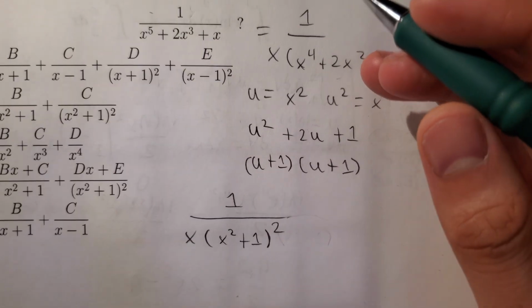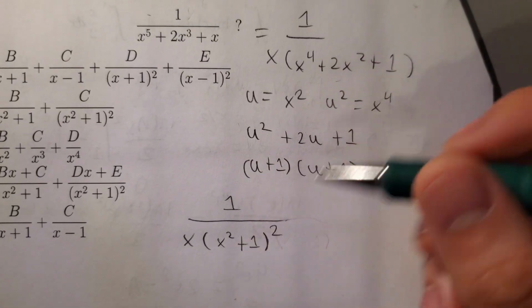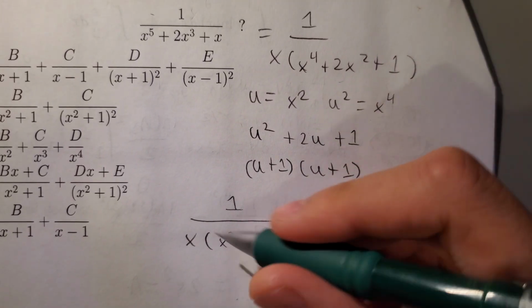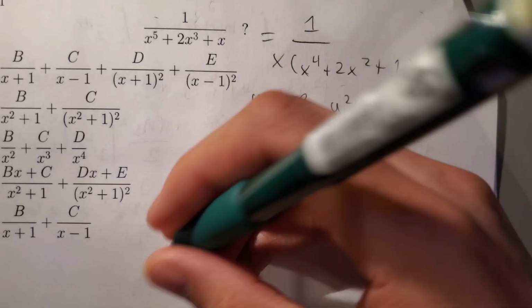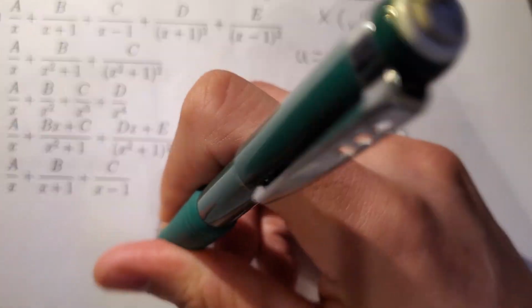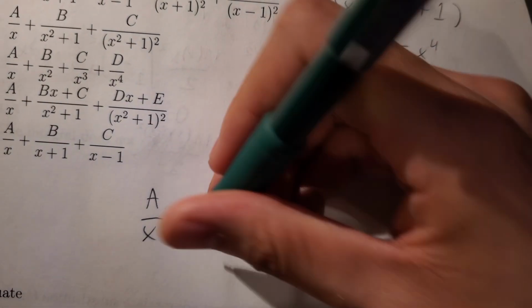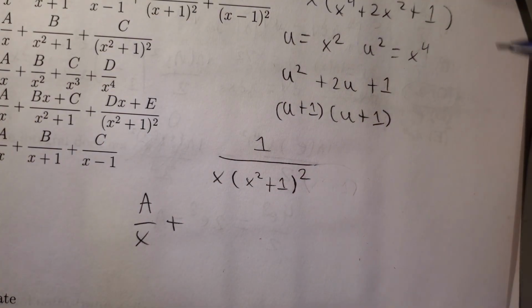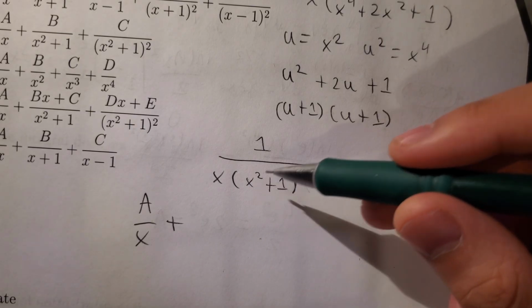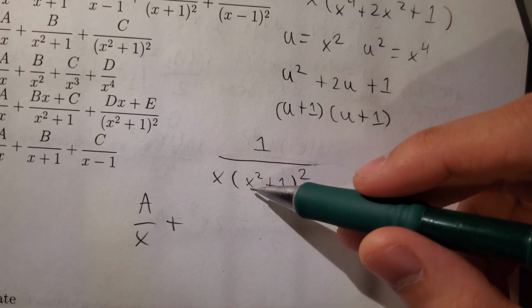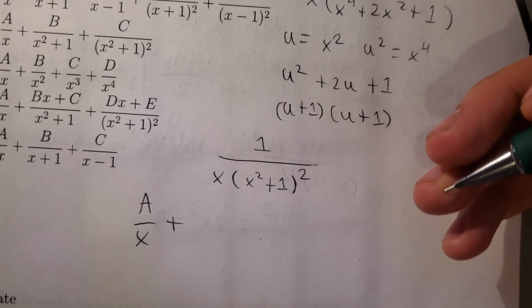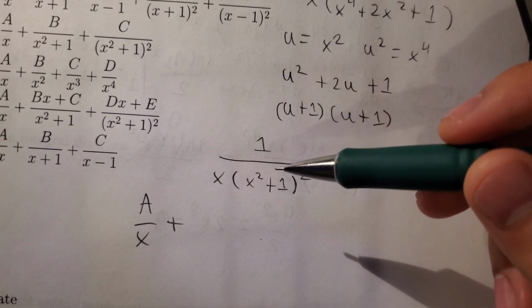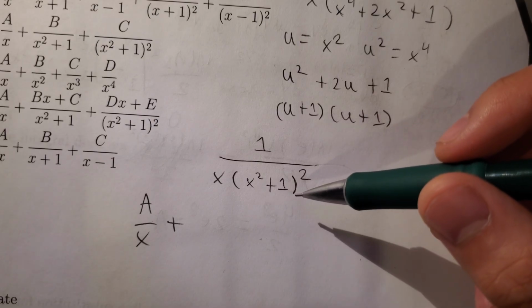So the first thing you're going to do is split up this 1 over x term. Since it's just an x, there's no exponents or anything else you have to worry about. It's not a duplicate of anything else. We can just take out an a over x. And now we have to deal with the x squared plus 1 term. This has an exponent, being x squared, and it's also already factored down as much as possible, so we also have to do something to the numerator.